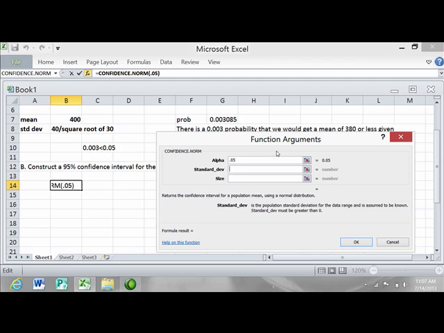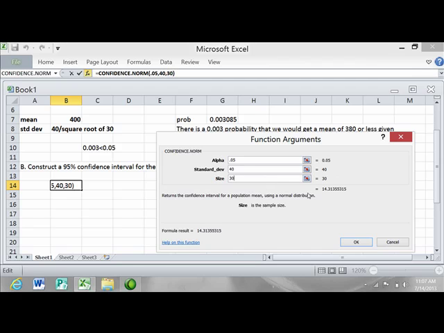But this particular confidence interval function in Excel allows us to put in the population standard deviation. If you read down here, it says the population standard deviation, 40, because it's going to calculate the standard deviation for the means based on the sample size, which is the next thing we have to put in. What is our sample size?